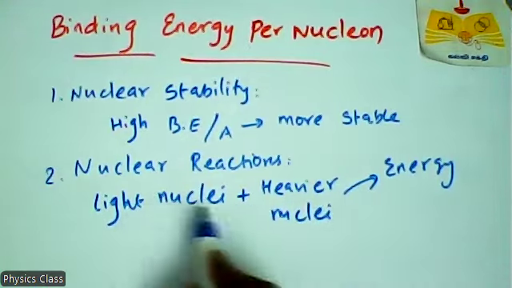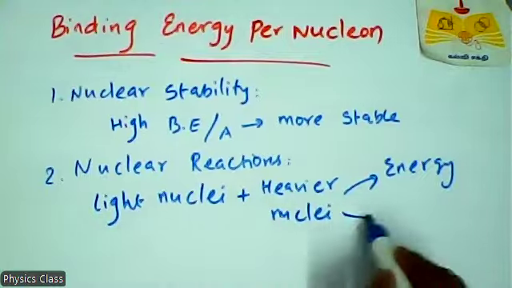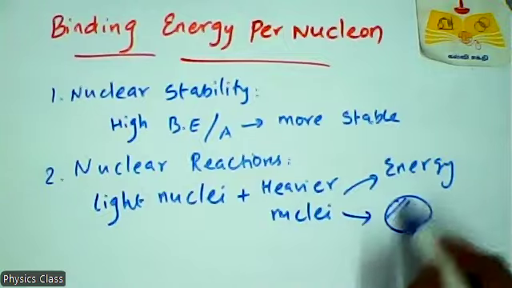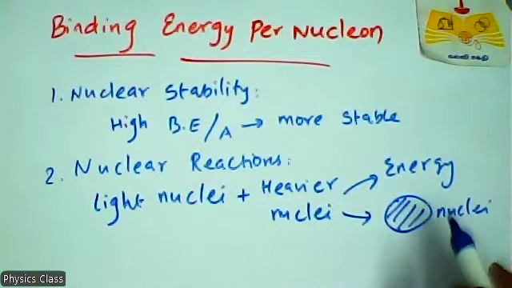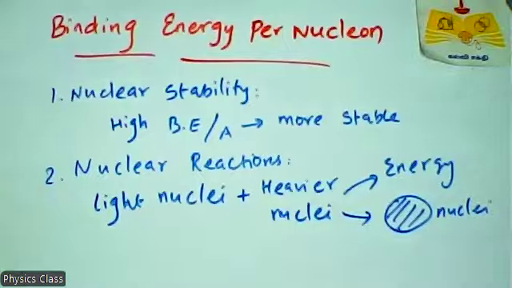So light nuclei plus light nuclei form one nucleus, which has higher binding energy per nucleon.